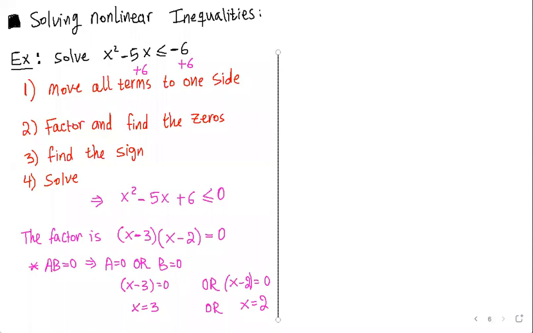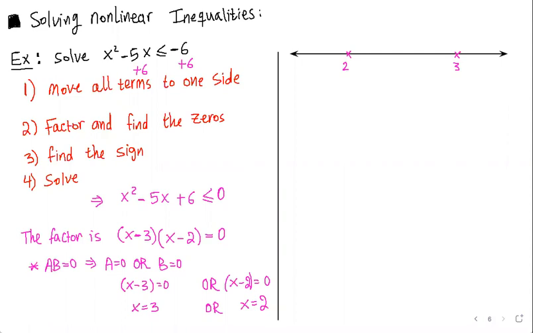So to find the sign, we have to draw a real line. This is my real line, and inside this real line, I have the points x equals 2 and x equals 3.